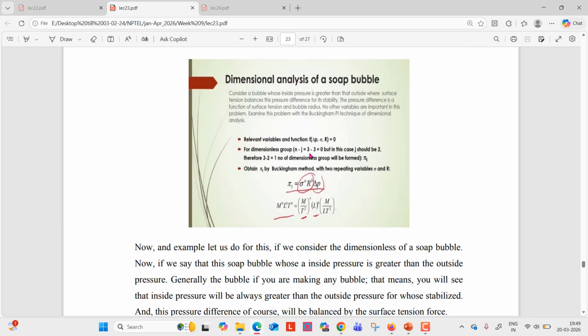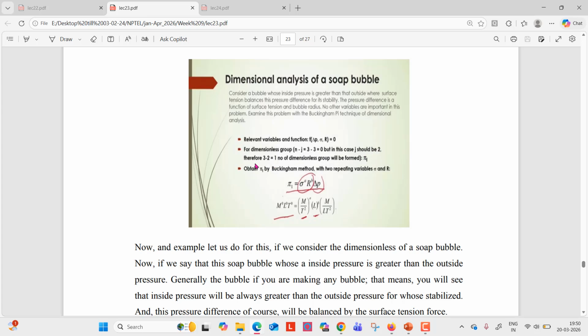So here n is 3, so it has 3 variables total: delta P, sigma and R. So J is also 3, so it will be 0, right? So in this case, we should take J as 2, 3 minus 1, 2. Or in this case, for this particular system, we have to take J as 2.